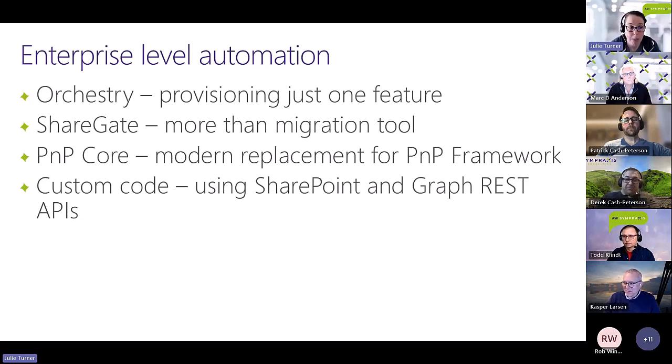I believe Orchestra, at least in part, uses some of the provisioning features that are in PnP Core. So obviously this is the de facto standard for how to do the provisioning by utilizing the REST APIs that Microsoft enables for doing this type of work. So you can use those, and obviously, you could just write code from scratch using the REST APIs and orchestrate creating things.